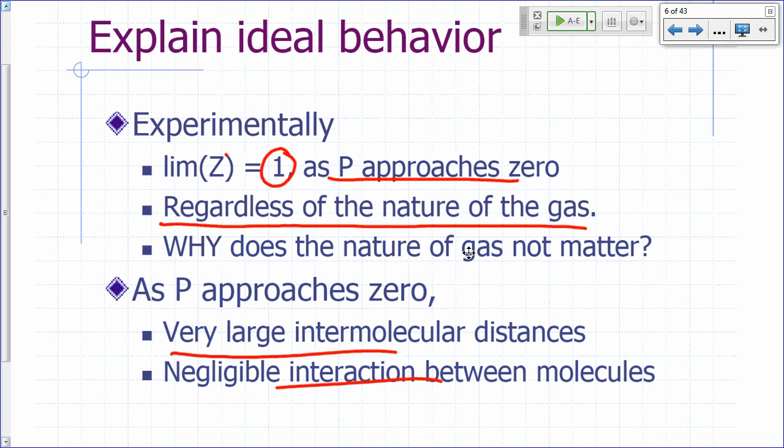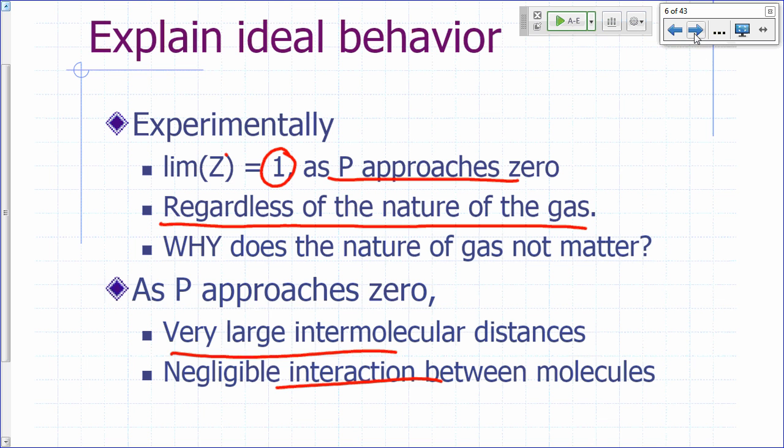It doesn't matter how strongly they might attract each other because they're so far away. Attractions and repulsions are negligible because the molecules on average are very far away from each other. So that's the explanation for ideal gas behavior. Very low pressures, they're very far apart. It doesn't really matter what kind of molecules make up your gas. So that's why you have that one equation that works for all gases.